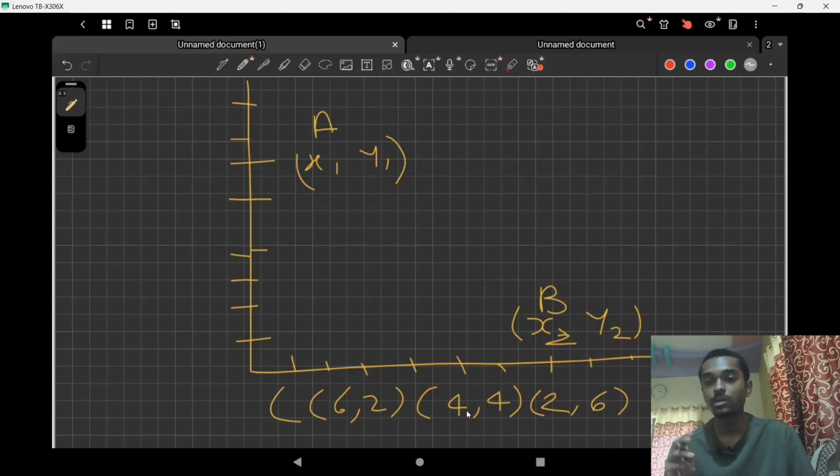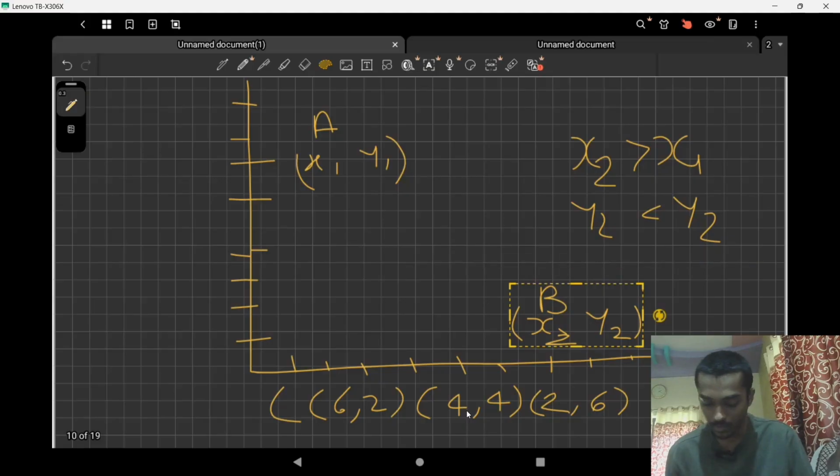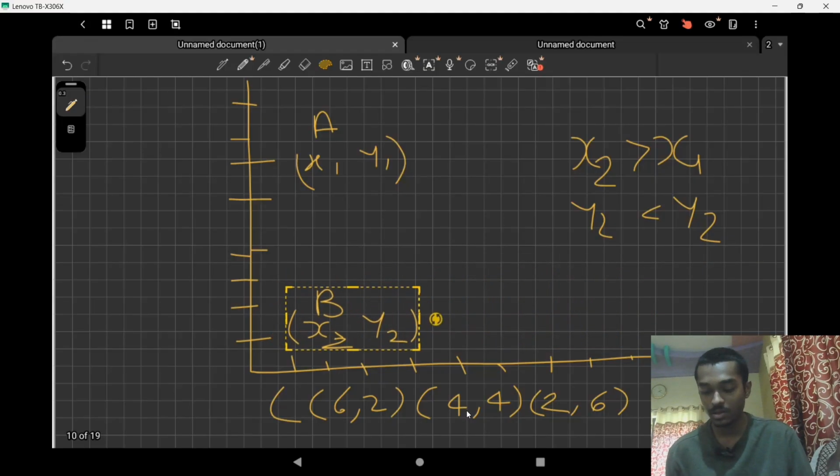So these points are valid when, as you can see, x2 is greater than x1 and y2 is less than y1. But in the question they are saying that if this point is equal to here also, this is also valid, and that means x2 is greater than or equal to x1, this is given in the question.